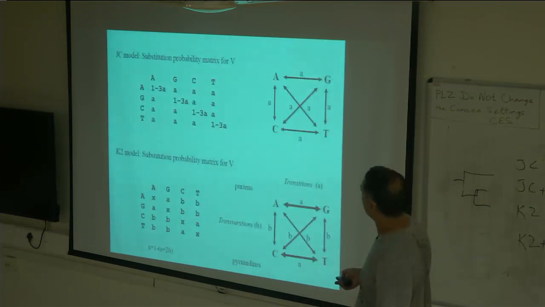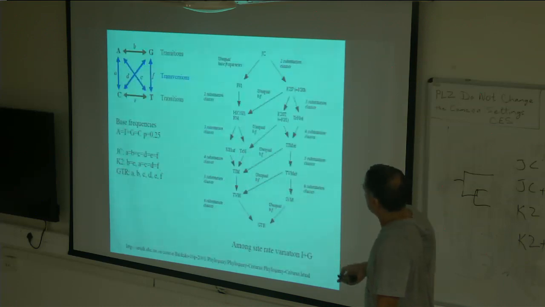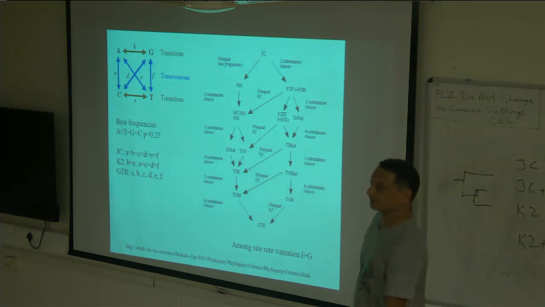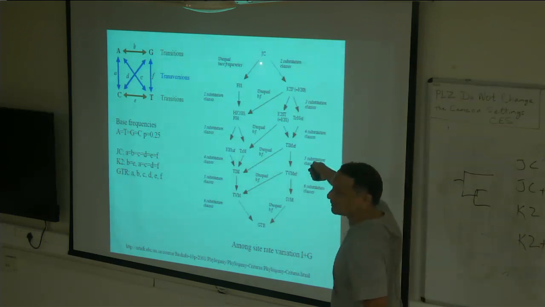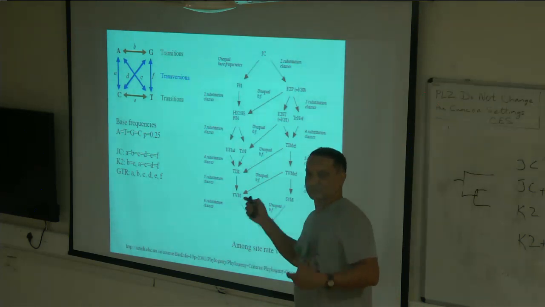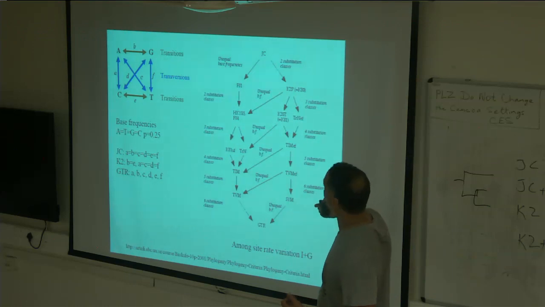Okay, so we have talked about all these various models of sequence evolution. Here's a diagram of how these models are related to each other. The simplest model is Jukes-Cantor, right? If you add two substitution classes, which are transition and transversion, you get the Kimura 2 parameter model.